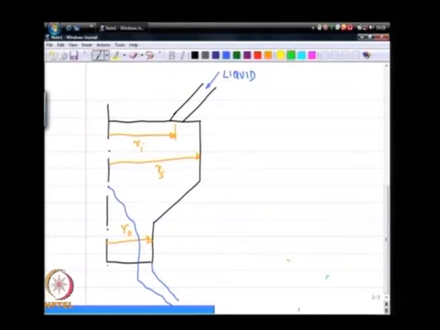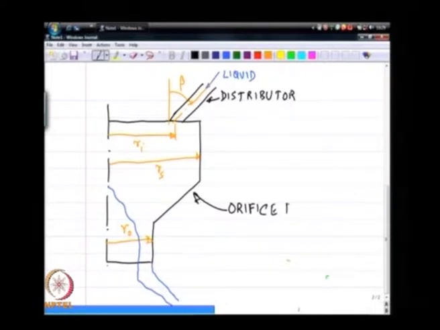Okay, we will start by looking at the schematic itself. The atomizer in question usually has two parts to it. There is a fuel distributor, so we will call this part the distributor, and this part is often called the orifice plate. So, the simplex atomizer at its heart has two parts to it.